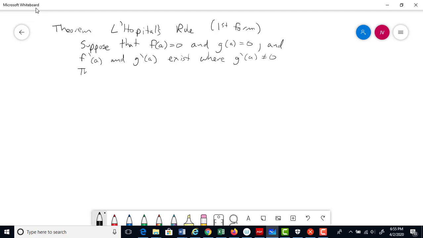Then the limit as x approaches a of f of x over g of x ends up being f prime of a over g prime of a.